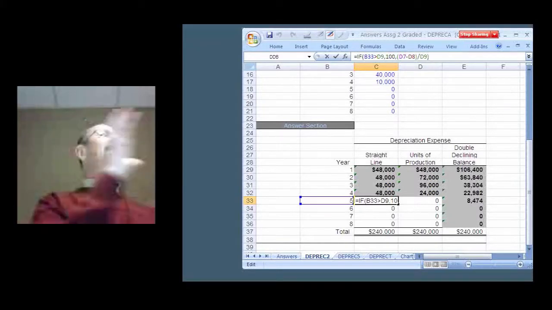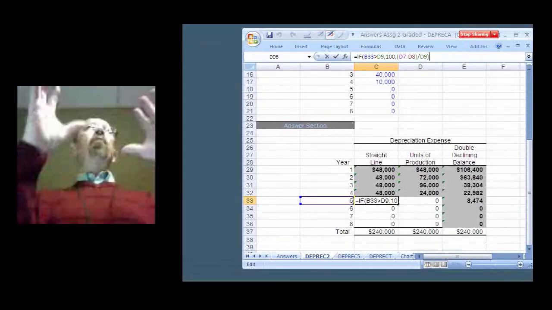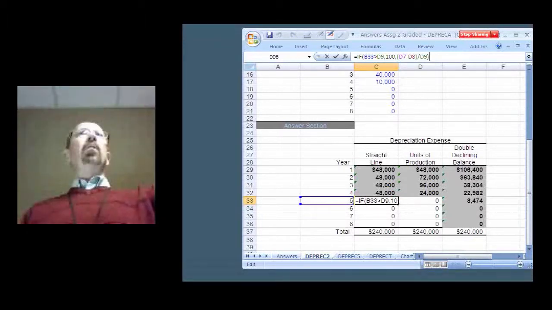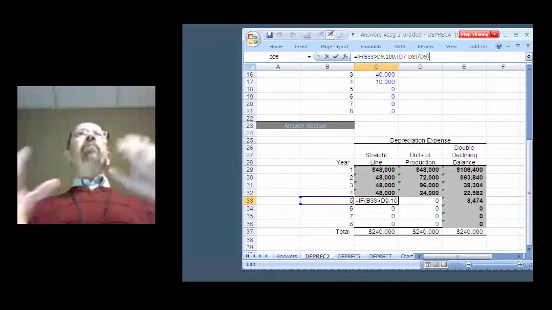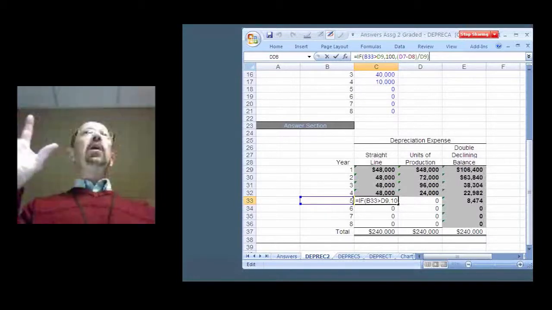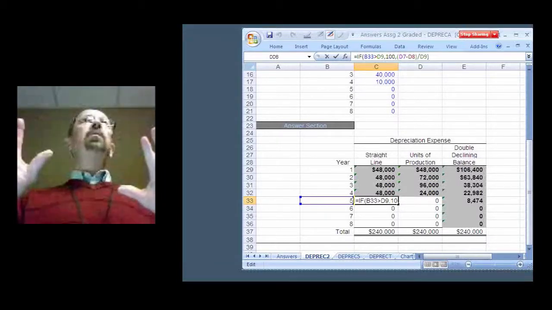It's like setting up a spreadsheet for many different fixed assets. Some of the fixed assets will have a 5-year life. Some of them will have 6 years. Some of them will have 7. Some of them will have 8. So I'm setting up a spreadsheet that will handle all of those.